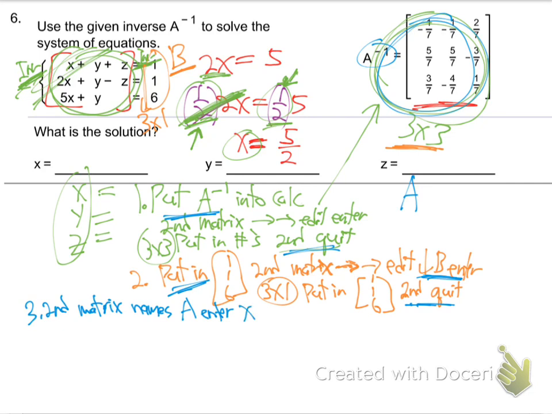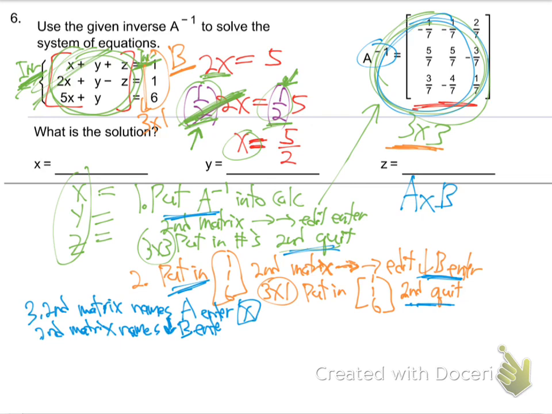And then go times, and then do the same thing: second matrix, names, go down to B and hit enter, and it'll put B on the main screen and hit enter.